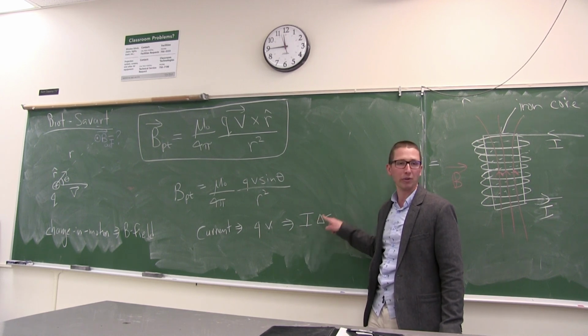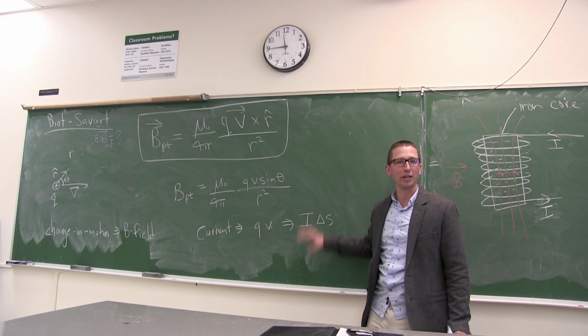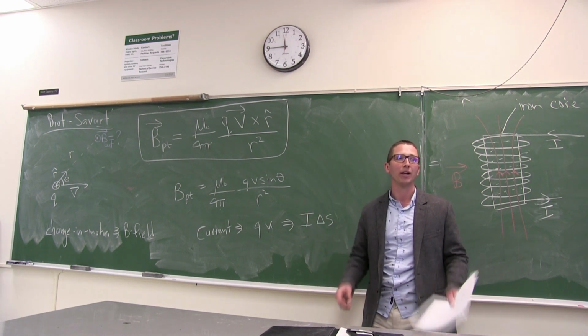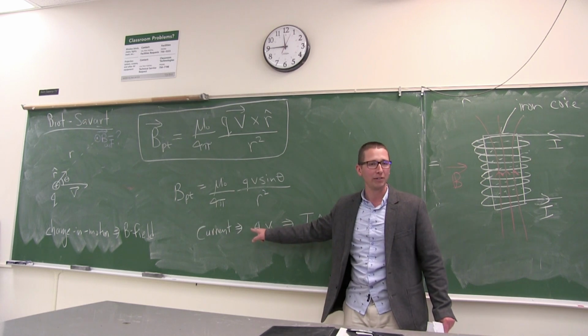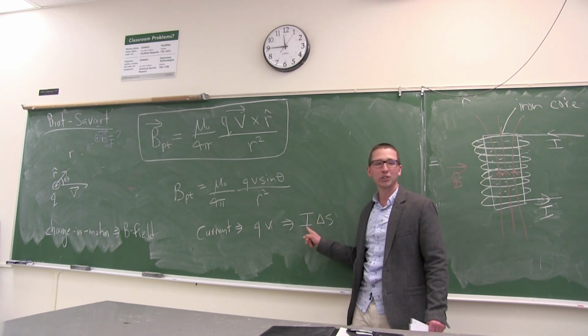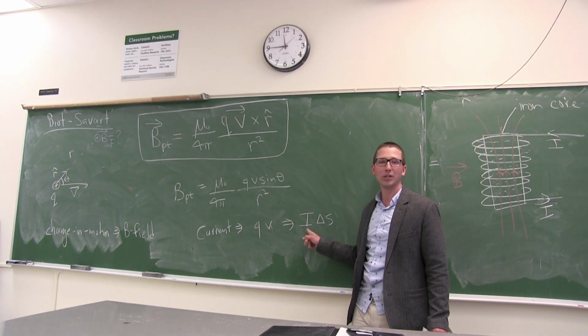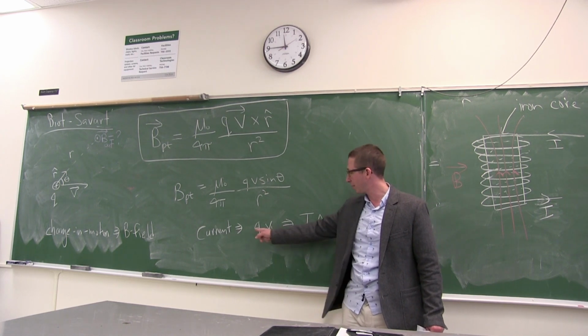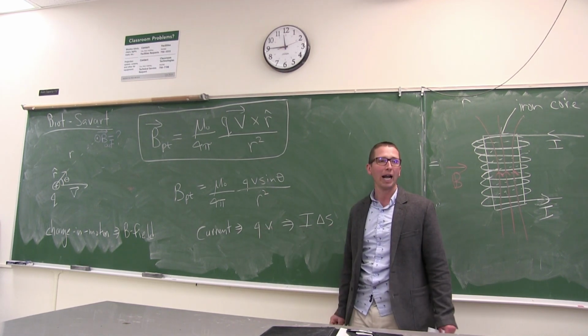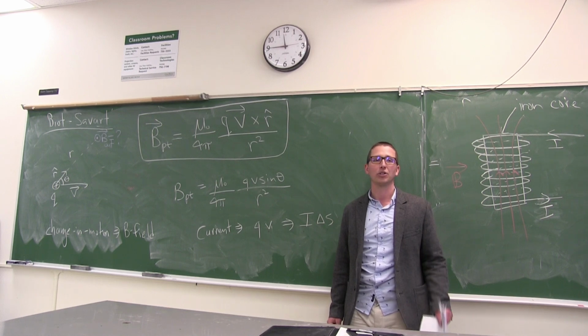That's like charge times velocity. This is just the equivalent. When I have a bunch of charges that are moving all together, I don't want to count all the individual electrons that are drifting. I'll just talk about the current instead. This equation also works if I replace QV with I delta S.